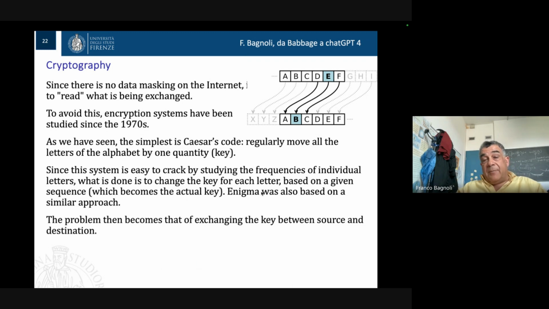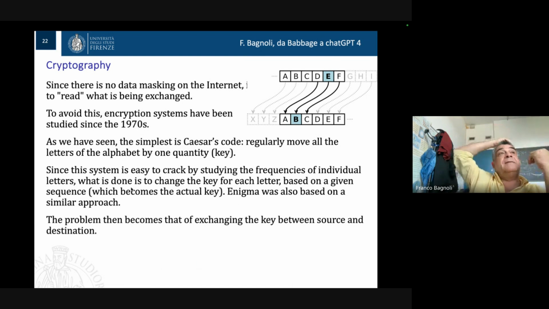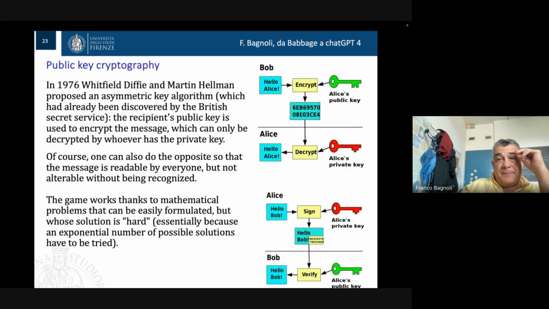For instance, Enigma, the German cryptographic machine, was based on a similar approach. In this case, the key was the arrangement of gears that made the mapping change every character typed. But this is the problem.